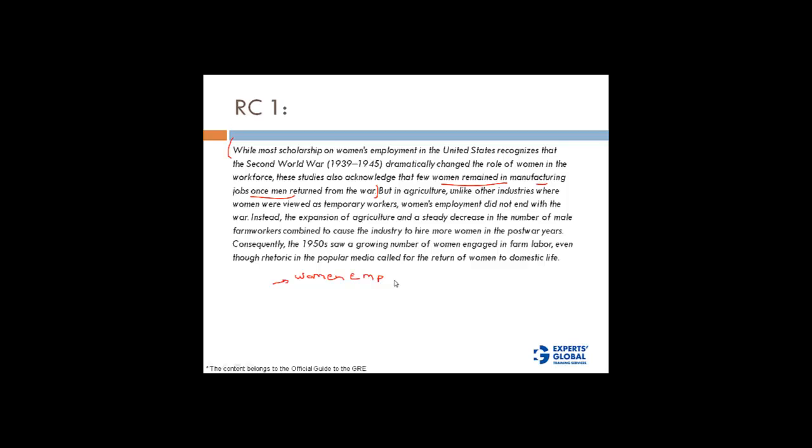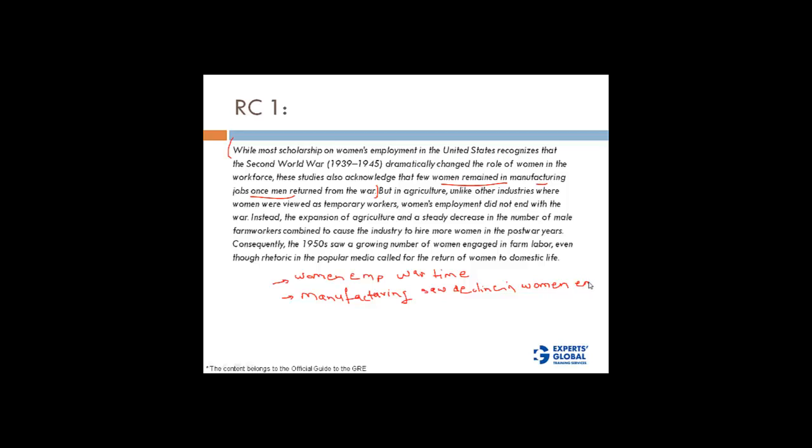But the studies say that in the manufacturing sector, few women remained in manufacturing jobs after the war. So manufacturing saw a decline in women employees.